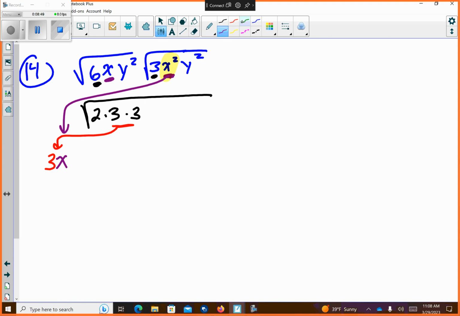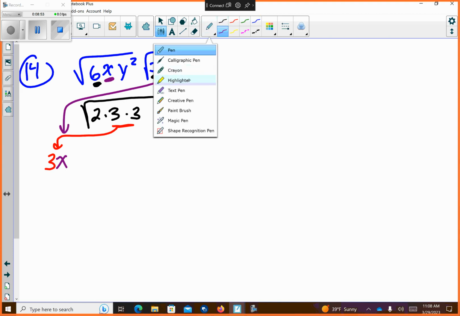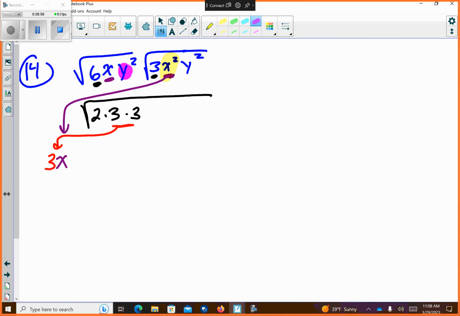And then the y squareds, they both happen to be perfect squares. That's a perfect square and that's a perfect square. So remember yesterday when I took the square root of something and times the square root of the exact same something, I got just the something. So if I went root this times root this, what does the answer have to be?